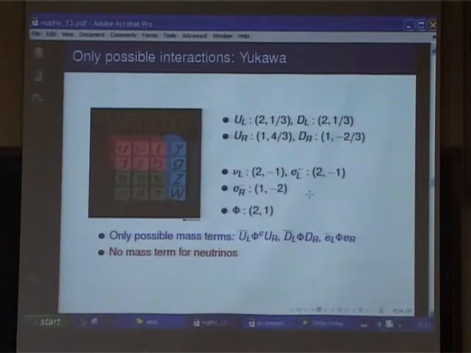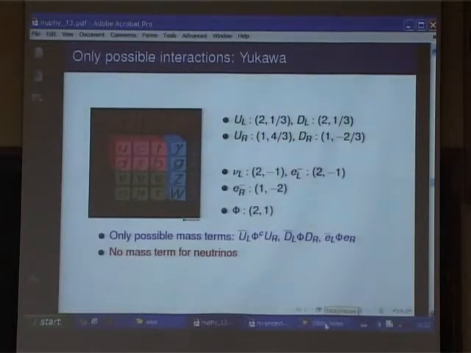It turns out that there are not many such terms. The only terms you can write, for example, looking at here, look at this term, it's easier to see. Let's say ĒL φ ER. So ER is 1, minus 2. Phi is 2, 1. And ĒL bar is minus 1.